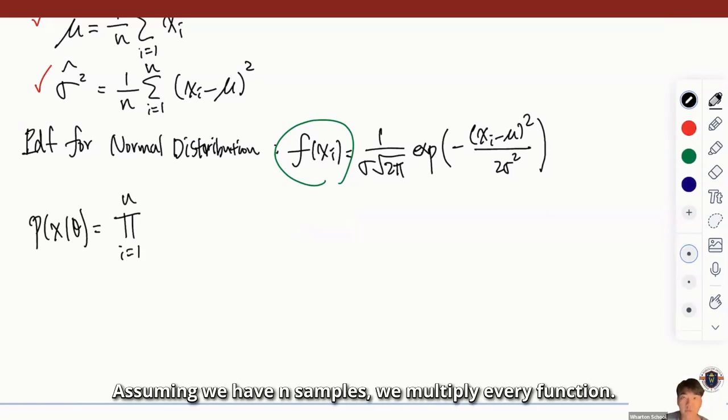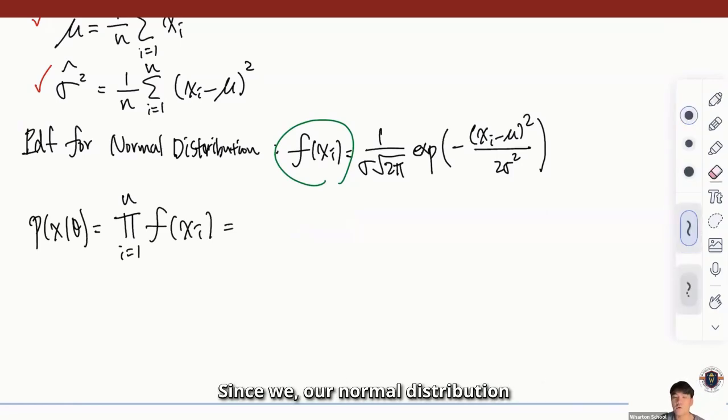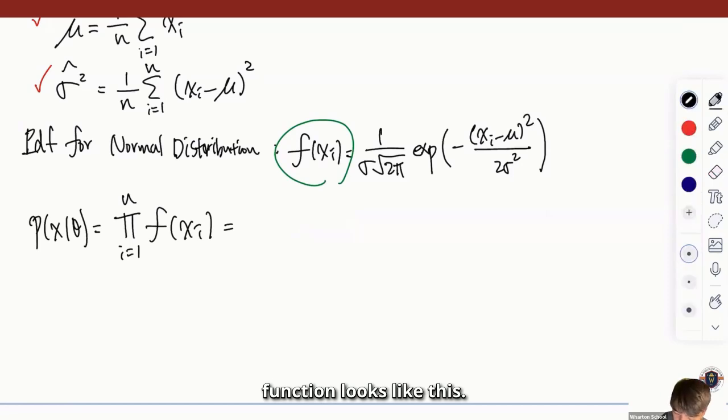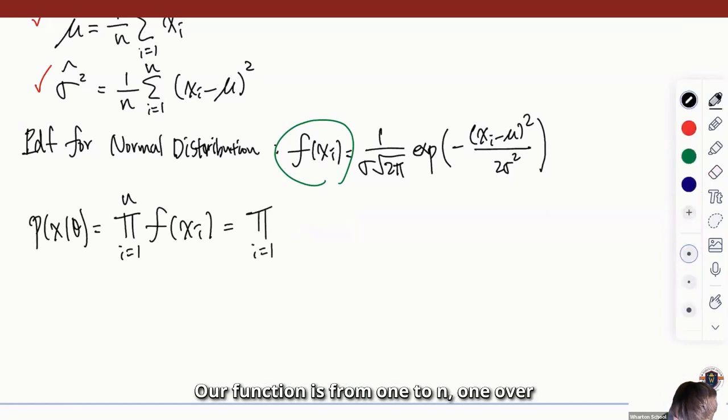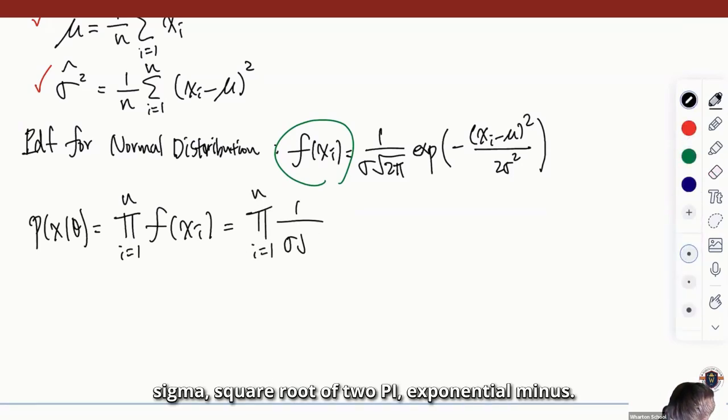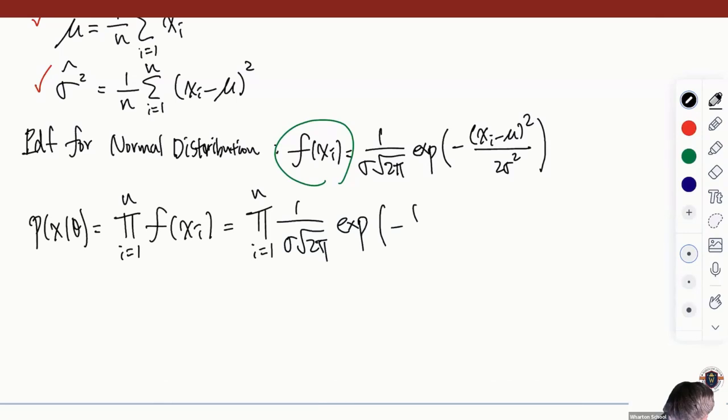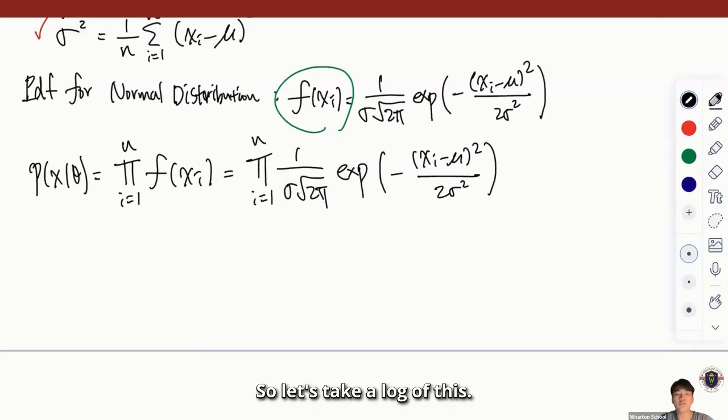So 1 through n, assume we have n samples, we multiply every function. Since our normal distribution function looks like this, our function is the product from 1 to n of 1 over sigma square root of 2 pi exponential minus. So let's take a log of this.